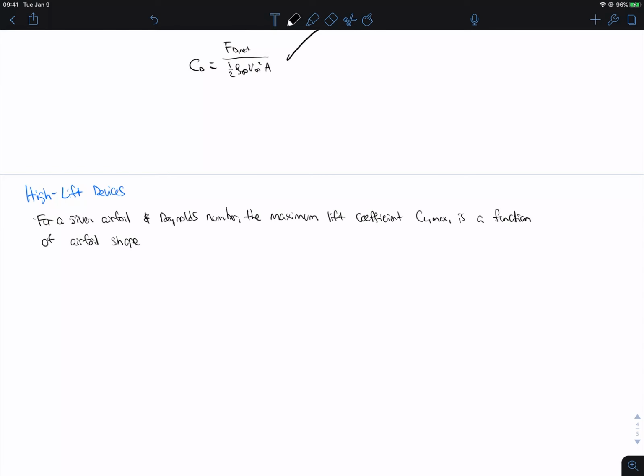Okay, so now we'll talk about high lift devices. First off, for a given airfoil and Reynolds number, the maximum lift coefficient, CL max, is going to be a function of the airfoil shape. So if you have an airfoil in a wind tunnel, and that's all you have, then the maximum lift coefficient is just going to depend on the airfoil shape.